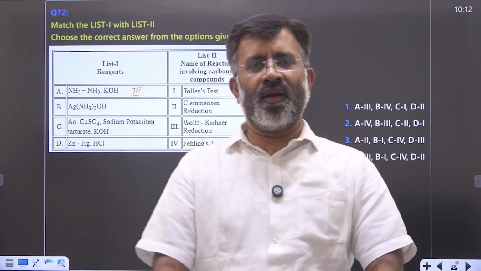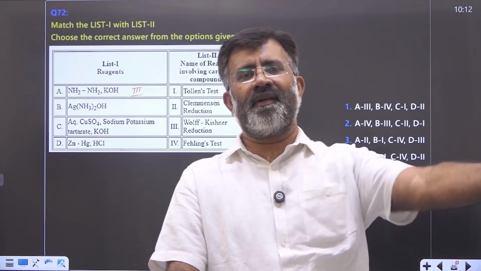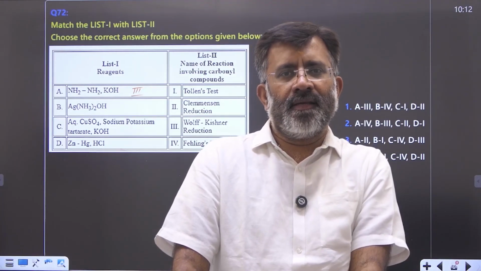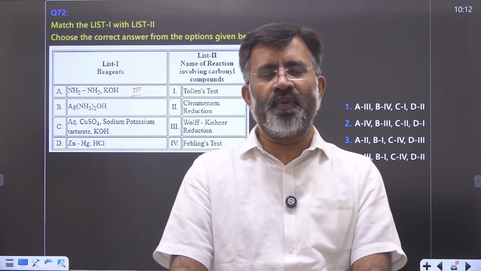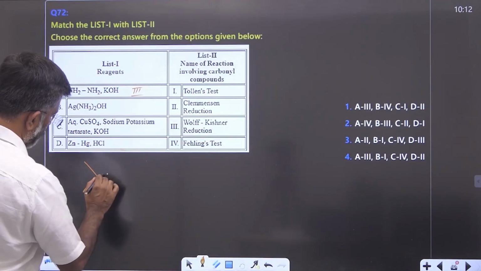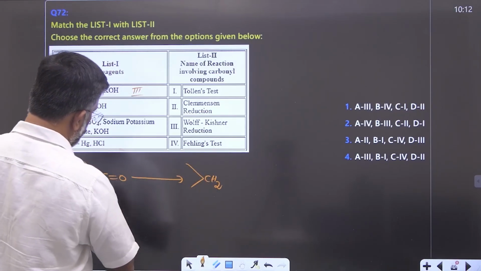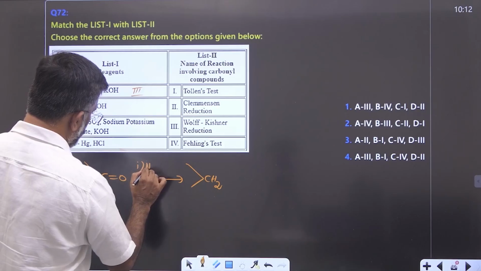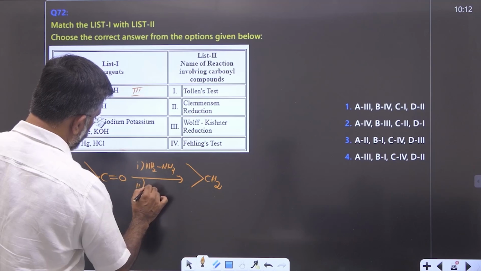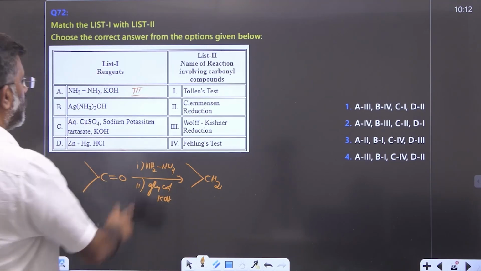The given carbonyl compound treated with hydrazine gives the corresponding hydrazone, which is further heated with ethylene glycol and KOH, giving the reduction reaction. The CO group is converted to a CH2 group. First treating with NH2NH2, and then treating with ethylene glycol and KOH. So that is the matching.